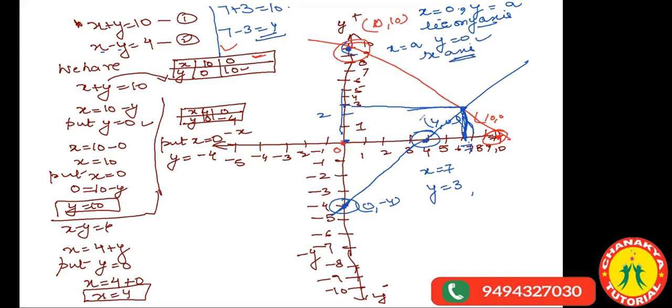So whatever coordinate's value is given, that point will lie on that axis only. If the value of x is given and y is 0, then the coordinate lies on the x-axis. And if x is 0 and the y coordinate is given, then it will lie on the y-axis. Clear? Understood? Show me your thumbs up, children.